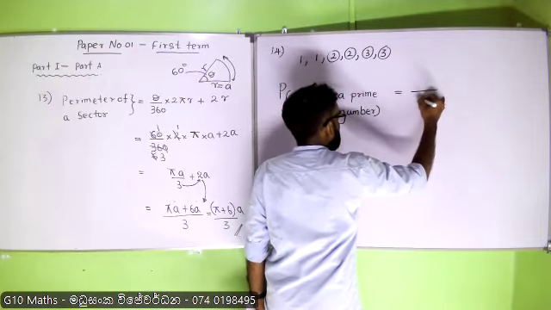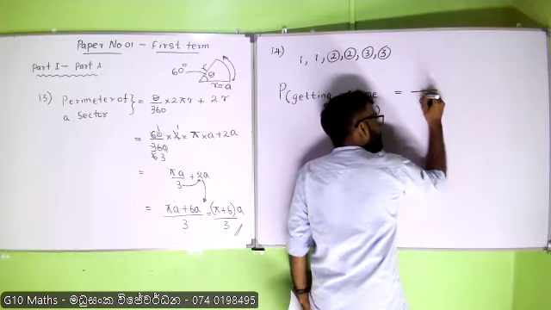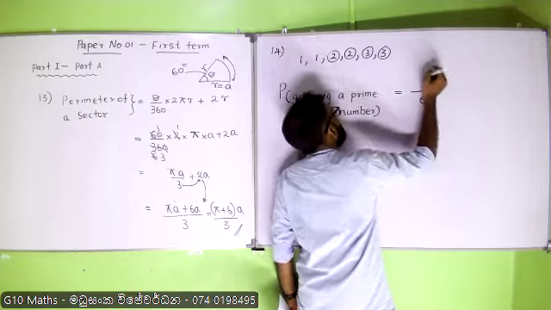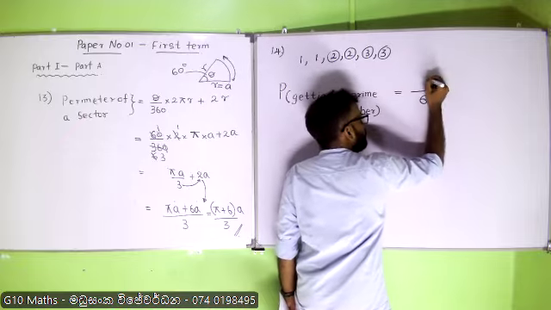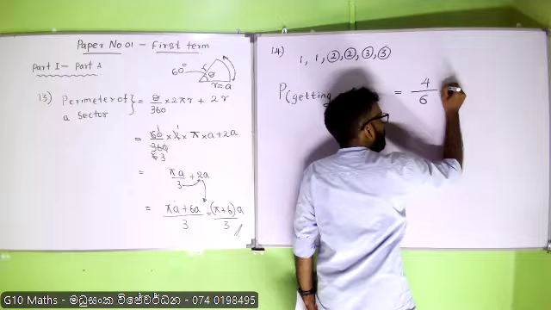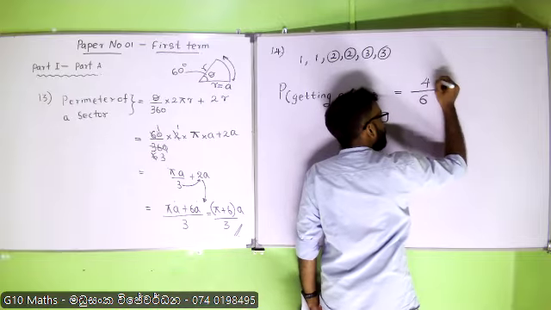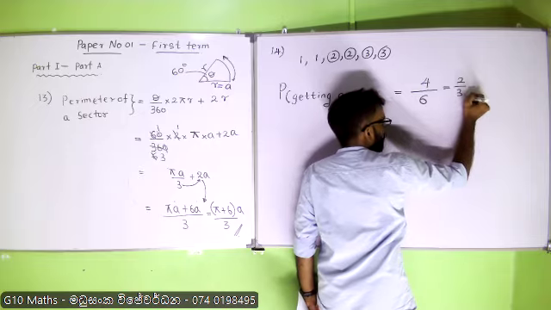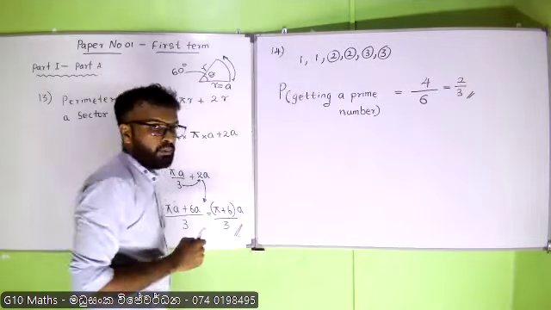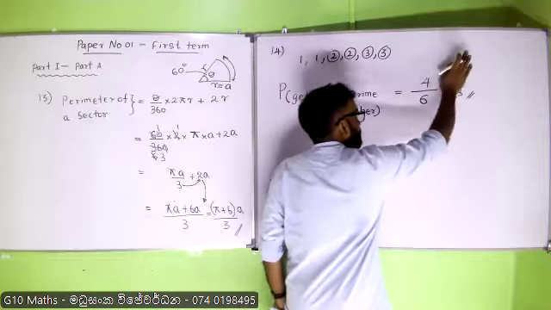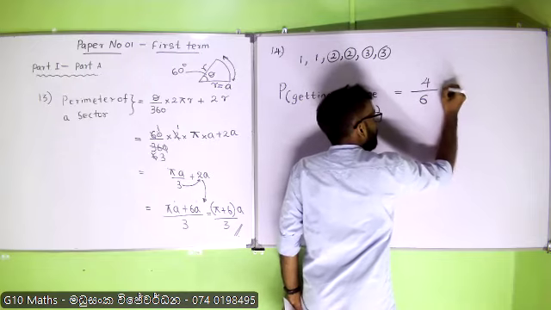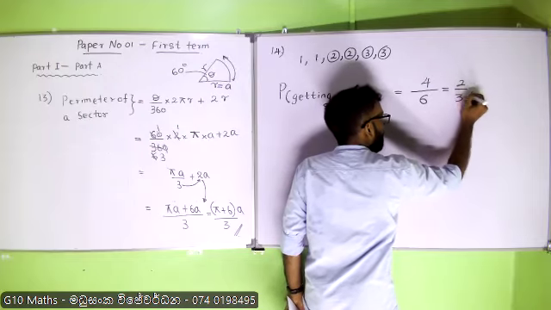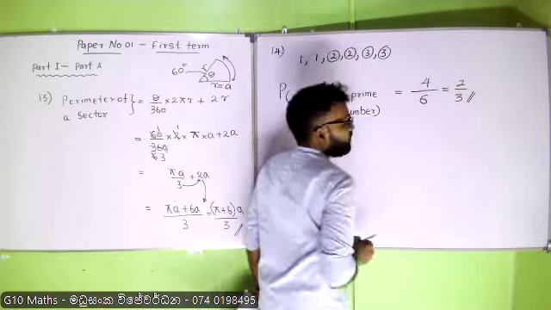There are 6 occurrences. Out of these 6, how many are prime numbers? 1, 2, 3, 4. So 4 divided by 6. If you want, you can simplify this further: 2 times 2 over 2 times 3. Done. So that is the probability of getting a prime number, 2 upon 3.